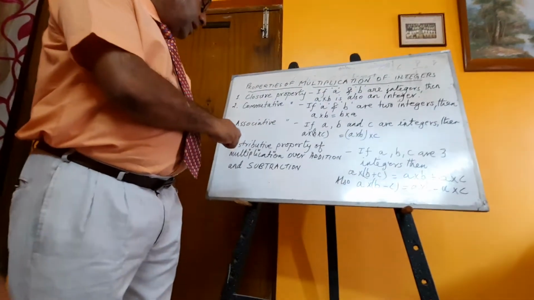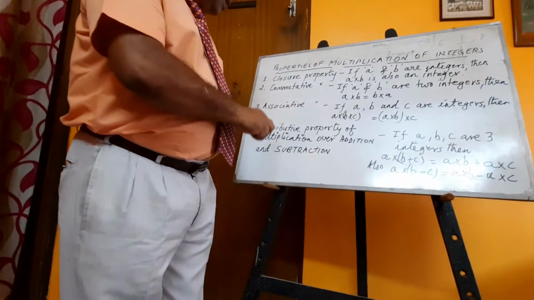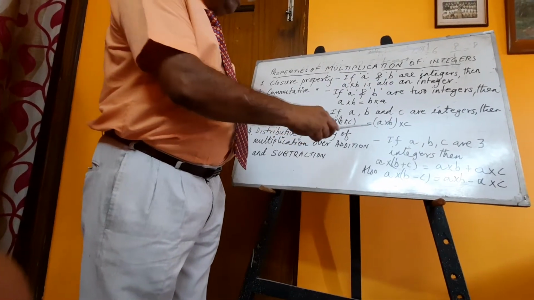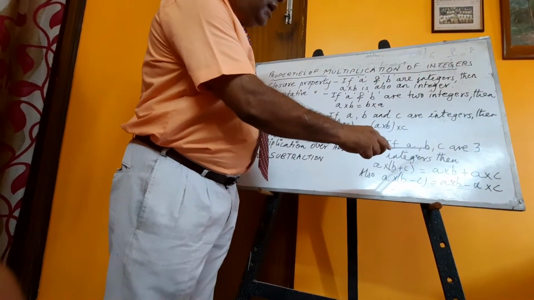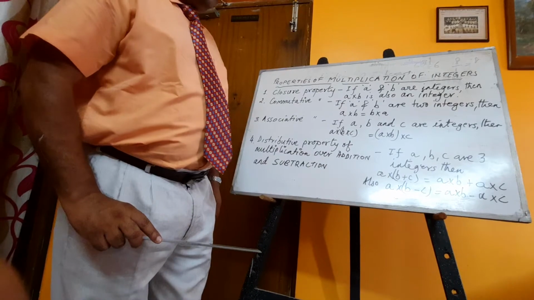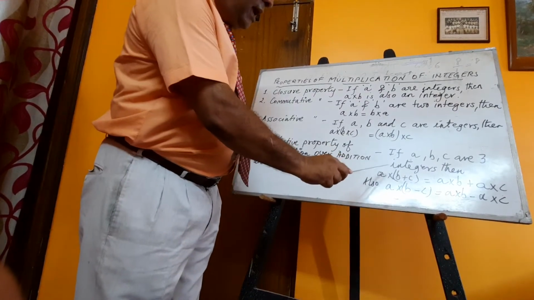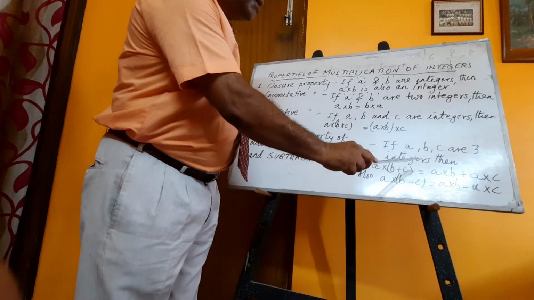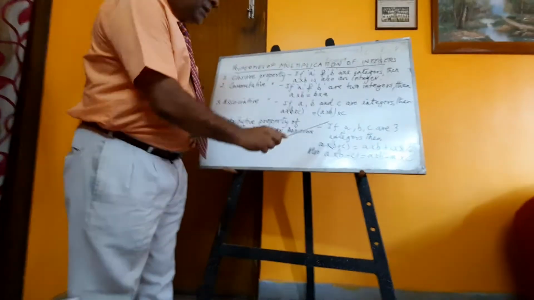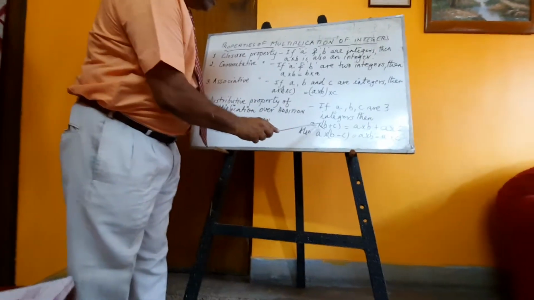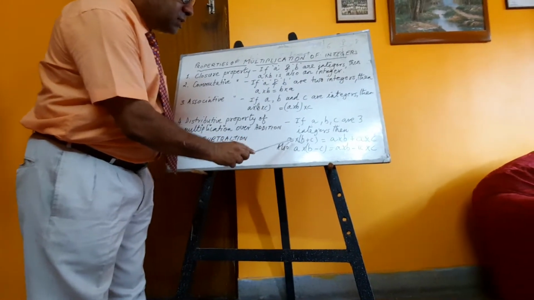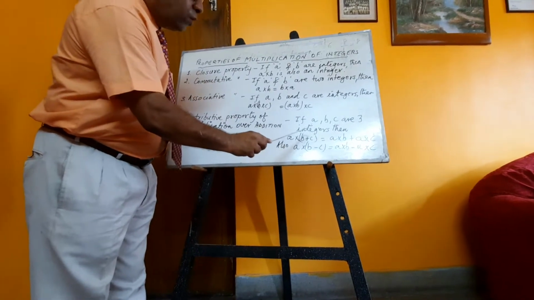The fourth is the distributive property of multiplication over addition and subtraction. Now, what does this mean? It means that if A, B, C are any three integers, then A into open bracket B plus C is the same as A multiplied by B, plus A into C. So actually what we are doing is, this number here is being multiplied with whatever is in the bracket.